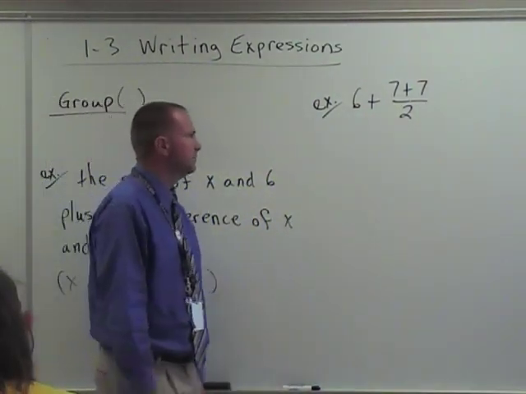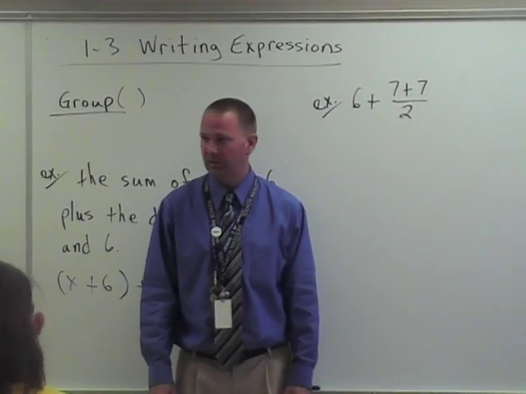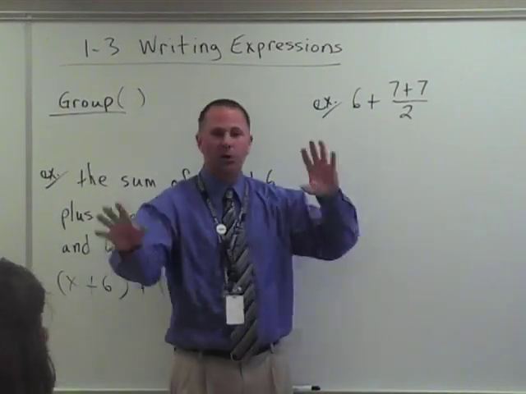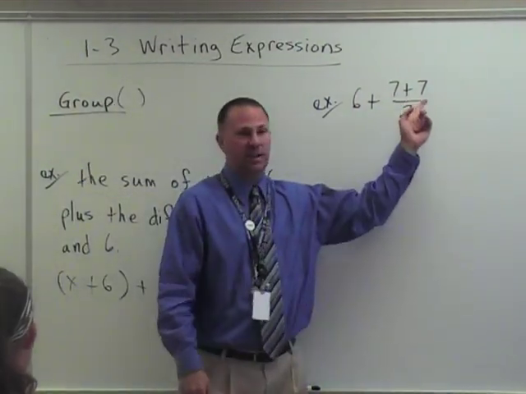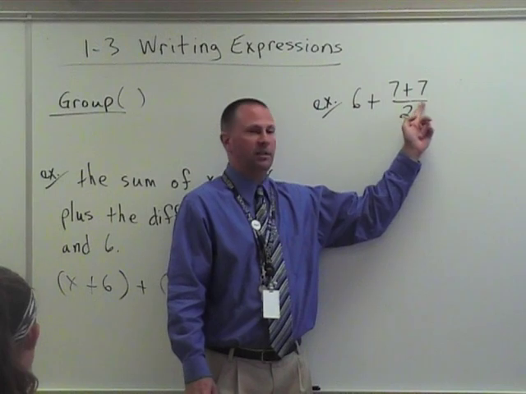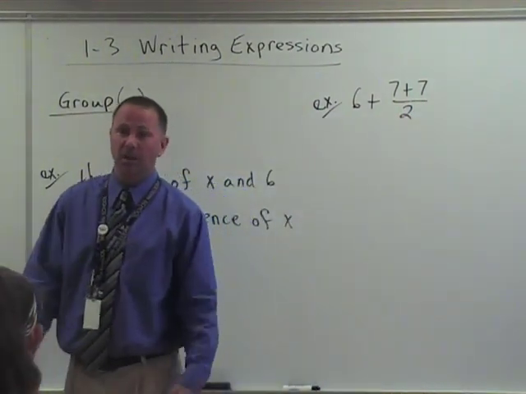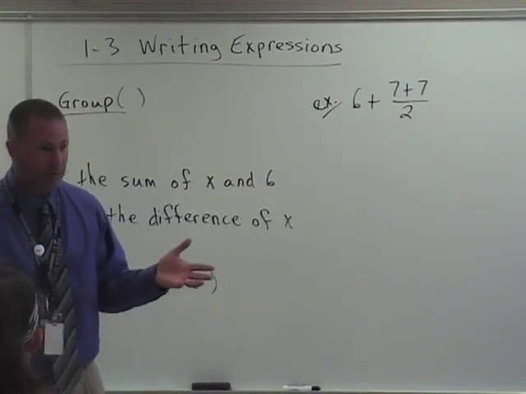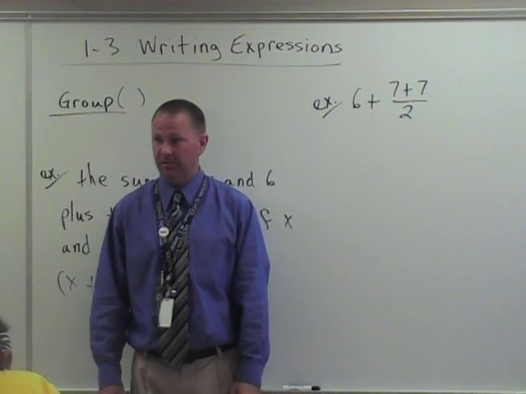Error. Is that the answer? I got 13. First of all, what are you supposed to do first? You better do the 7 plus 7 because it is grouped together by this division symbol, by the fraction bar. That is a grouping symbol. It is implied that you have parentheses there.